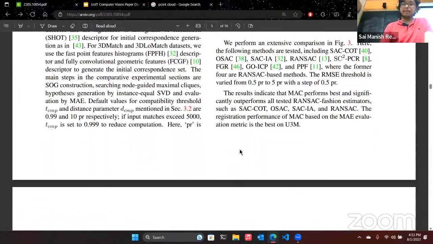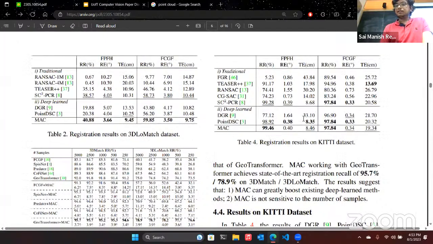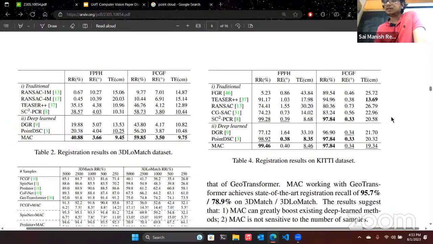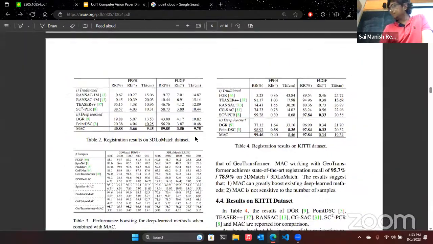But when we look at the results on the KITTI dataset, our error is actually less compared to others.